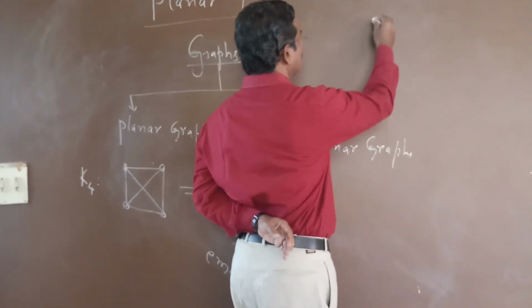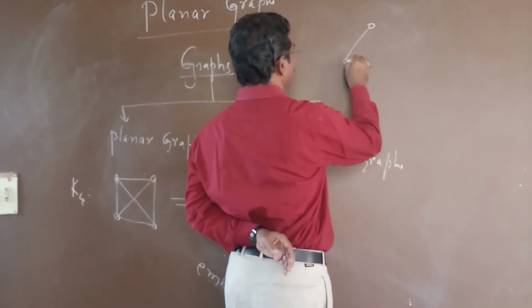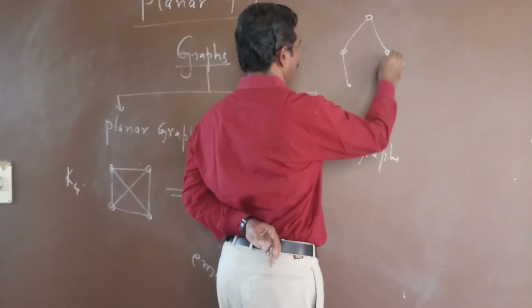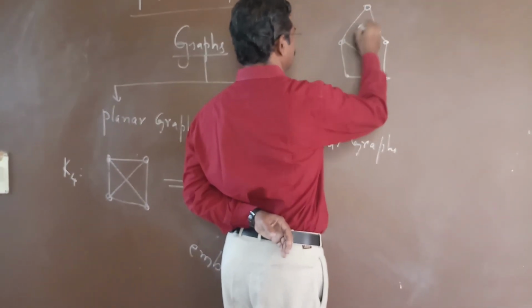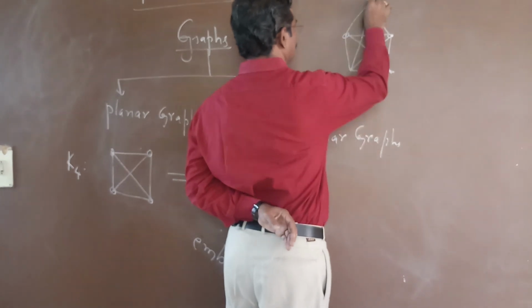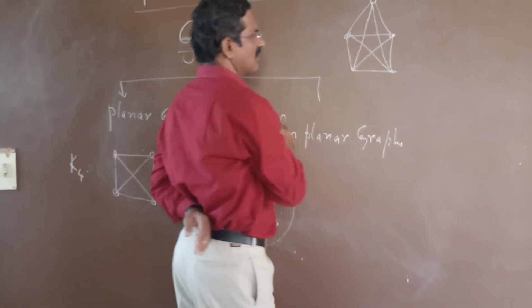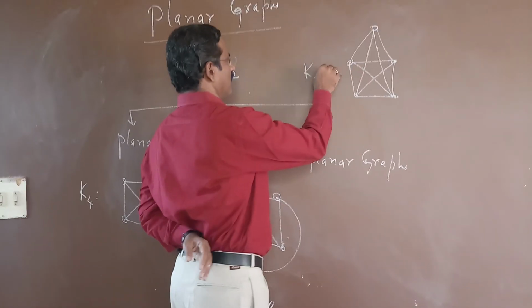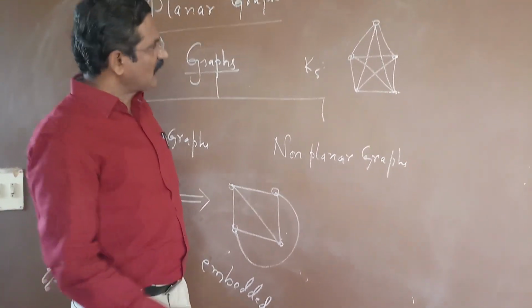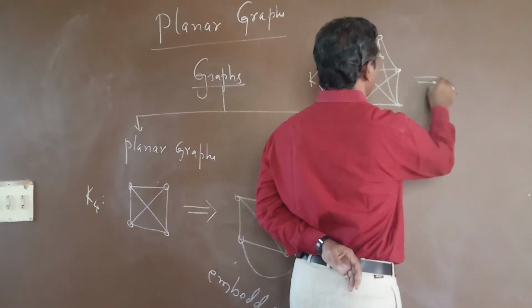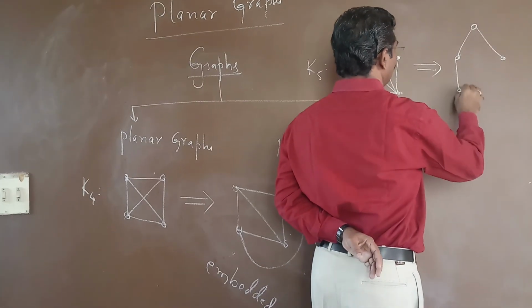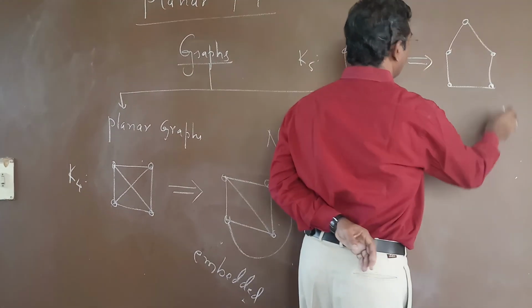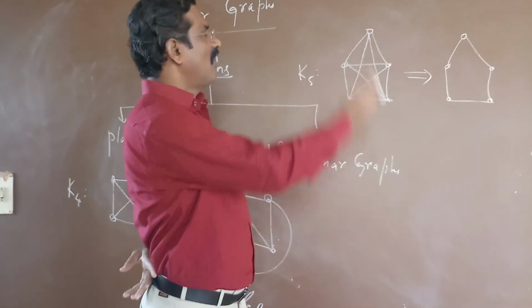So now we will think of non-planar graph. I shall consider one example, K5. This is our K5. Now I try to redraw this. Let us see, is it possible to draw without the intersection of edges, or is it possible to embed on the plane?